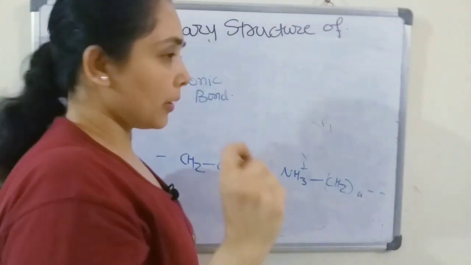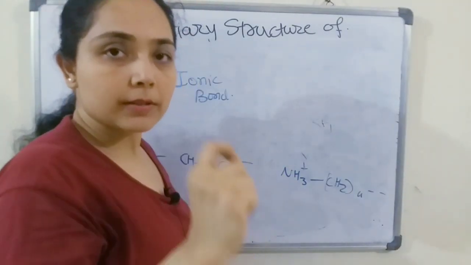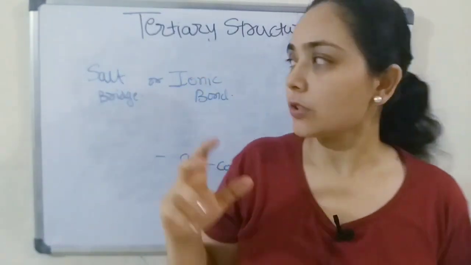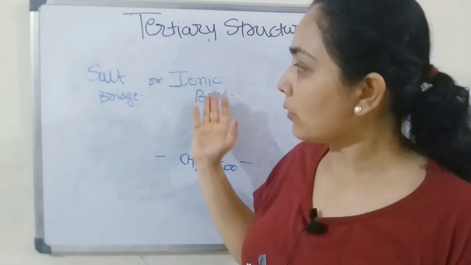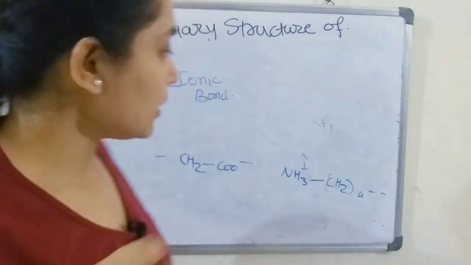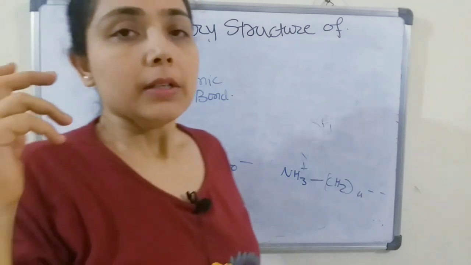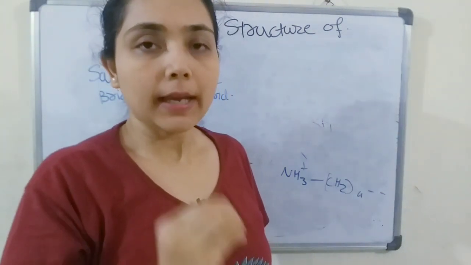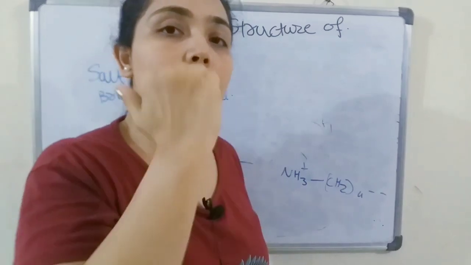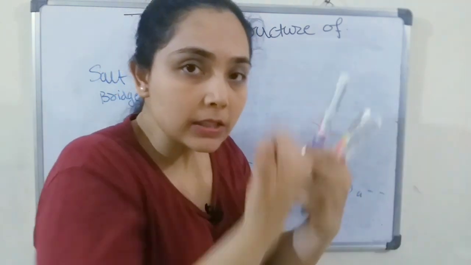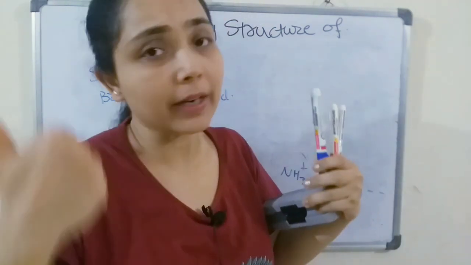The next type of bond involved in stabilizing the tertiary structure of the protein is the ionic bond, also known as salt bridges. What happens is, when any acidic amino acid loses protons, it becomes an anion, and any basic amino acid, when it gains protons, makes a cation.